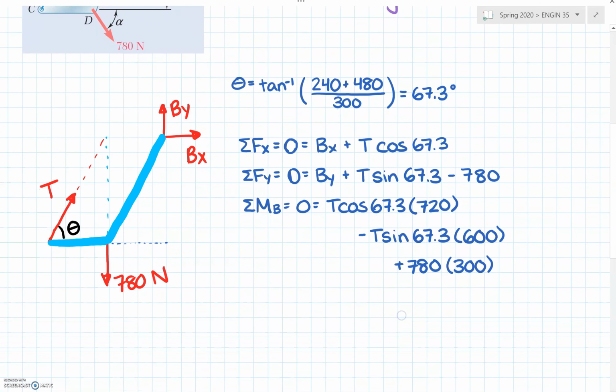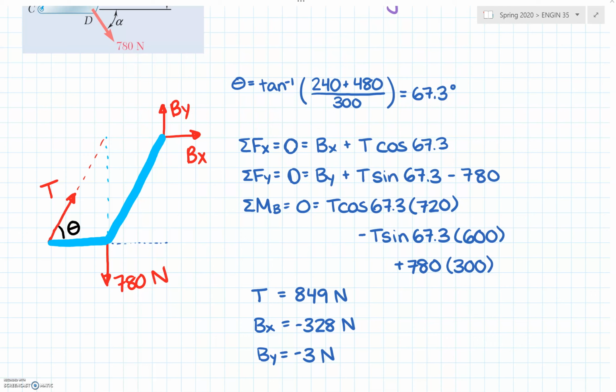I can use these equations and solve for T, Bx, and By. I get T is 849 newtons, Bx is minus 328 newtons, and By is minus 3 newtons. So that's it for finding my external forces.